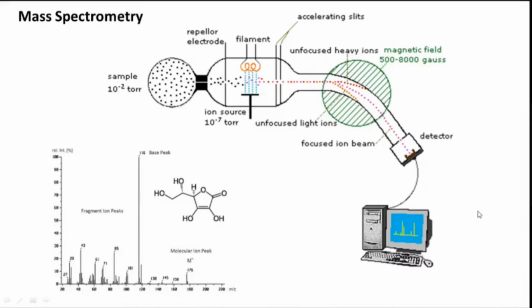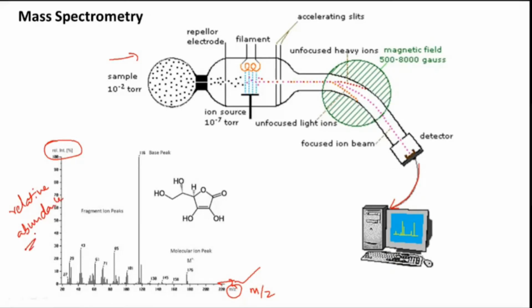Now, this is what we have seen. In mass spectrometry, we submit the sample, ions are generated, ions are analyzed, and the data is submitted to a computer. This is a classical representation of a mass spectrum, where on the x-axis you have the m/z value, and on the y-axis the relative abundance.